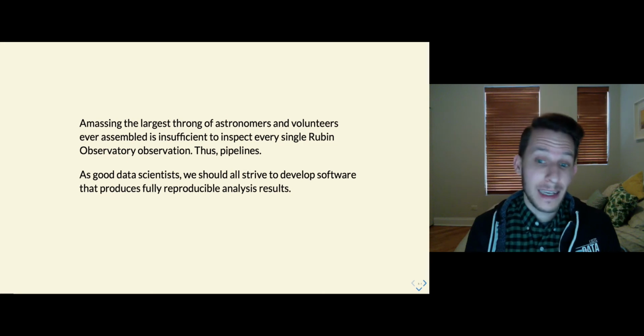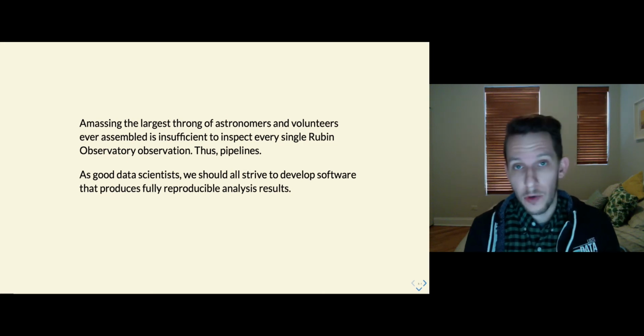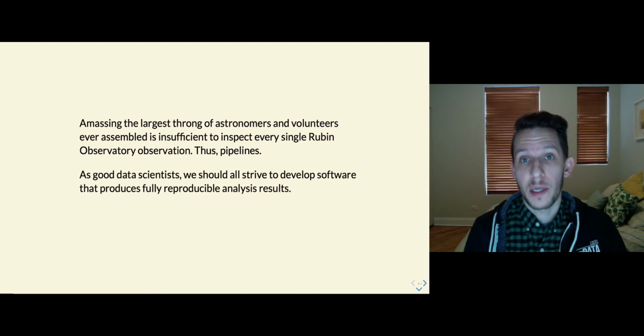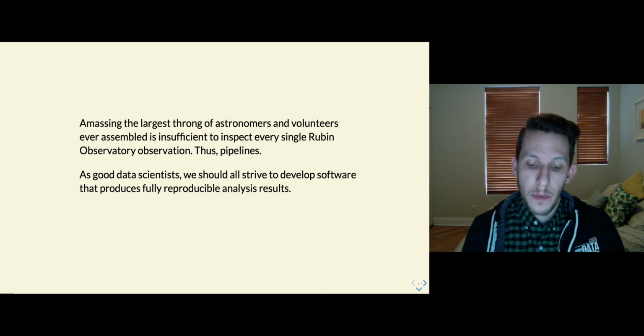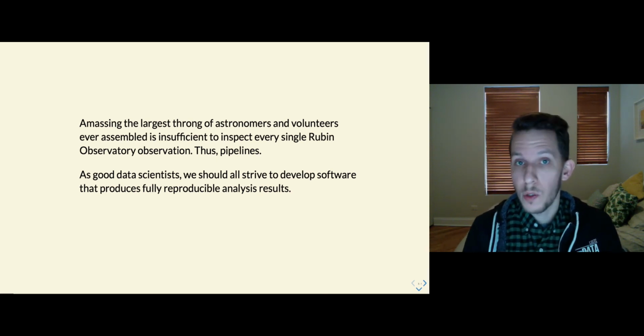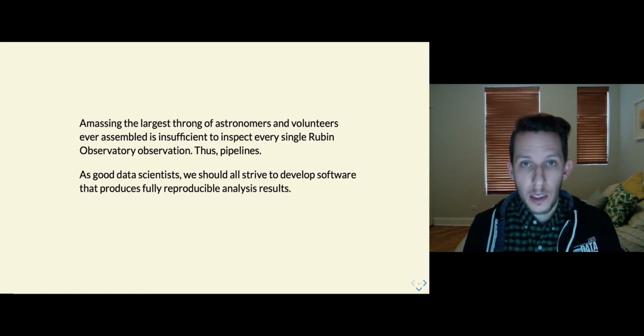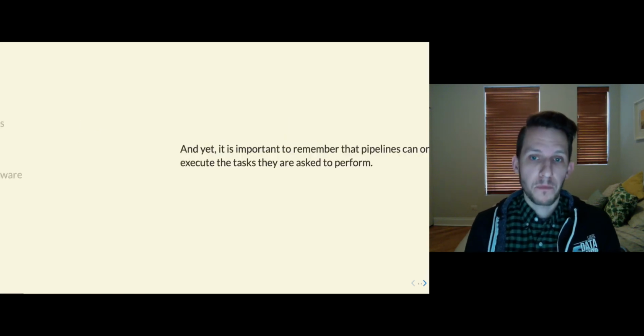At the highest level, we should even be creating containers that don't just contain the software itself, but a full build, including all of the packages the software relies on, in order to always reproduce exactly the same analysis no matter who's running it on any computer in the world. All of this is part of building an exquisite and excellent pipeline.